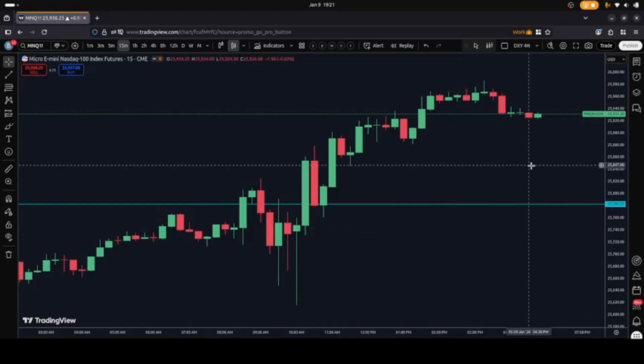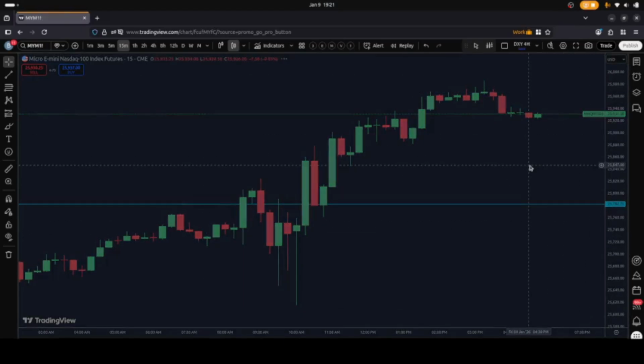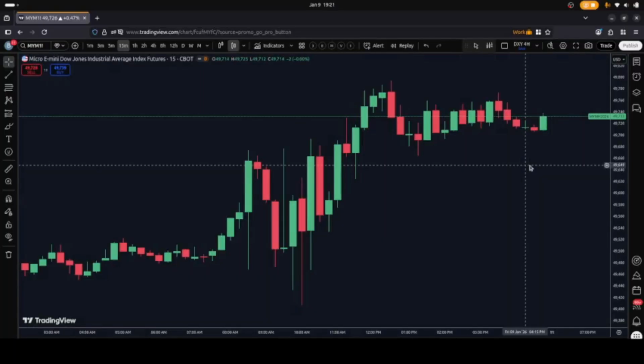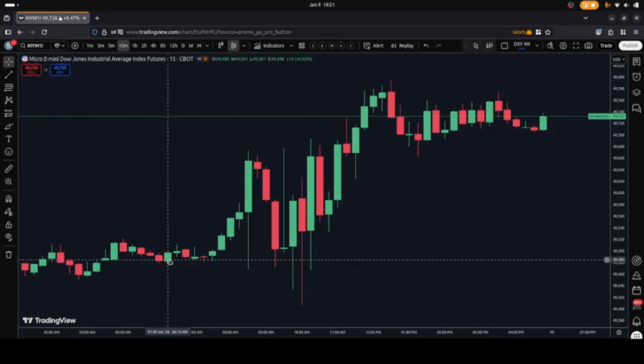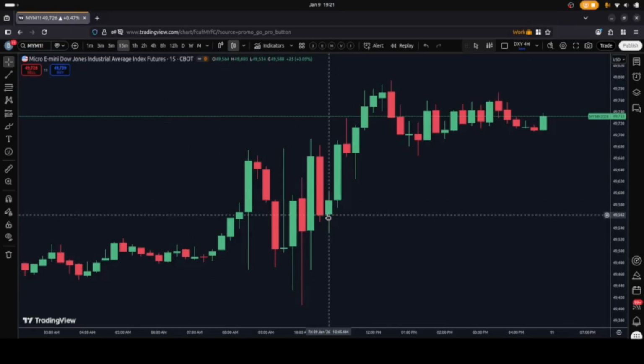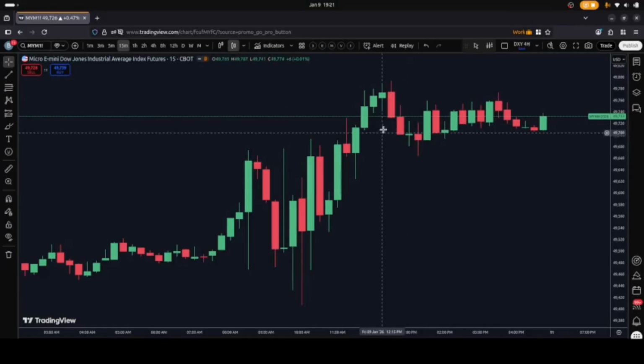So let's see if we can find anything on the S&P. Oh, here's the Dow. Okay, so you get similar action here. You get the engulfing candle. You get the bullish 15-minute candle that closes back in the range. Another one here. I don't think you get the one-to-one there. You probably would have exited here after this.